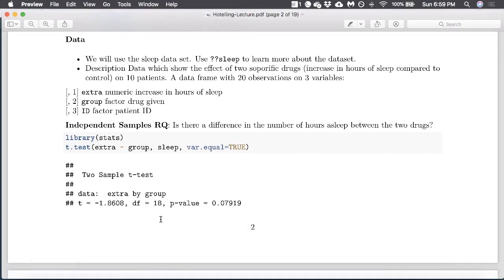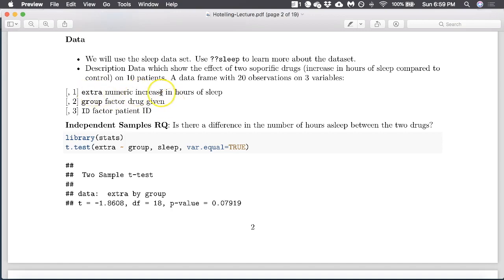And we're not actually going to be doing the t-test, so you don't really have to do this one if you don't want to. But this data set has 20 observations and 3 variables, in 3 columns. Essentially they're comparing 2 different drugs to make people sleep longer.